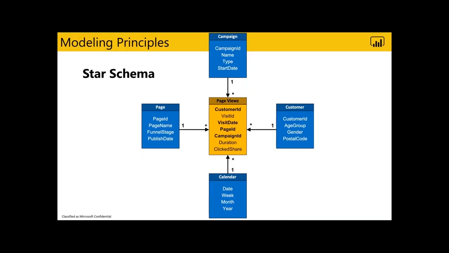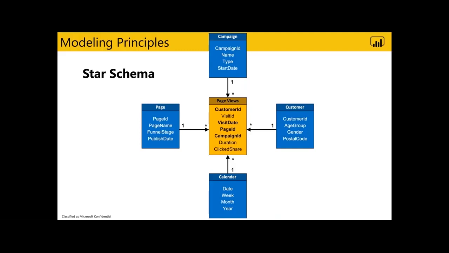And at the center of every star is a fact table, a table that is definitively a fact table. In this case, page views. And the dimensions around it are the ways in which we want to roll up page views. We want to know maybe what actual page they were on, what campaign brought them to that page, what age groups are looking at the site, and then of course page views by the calendar or by date.